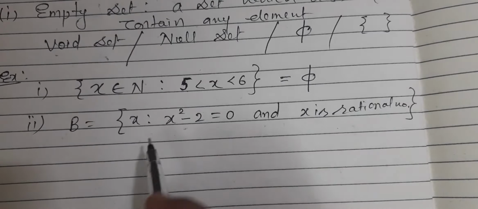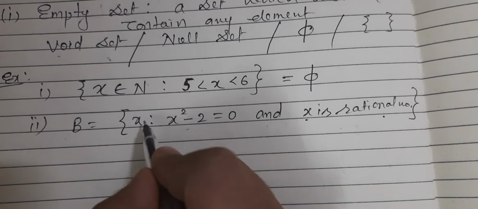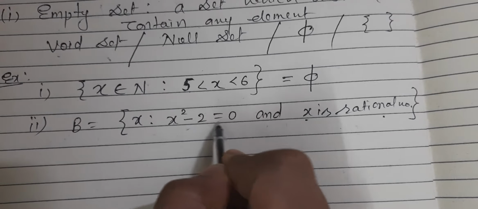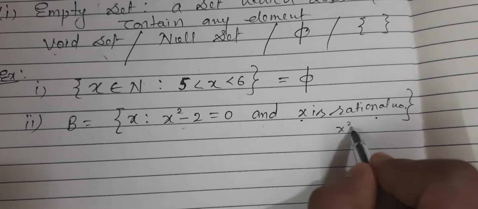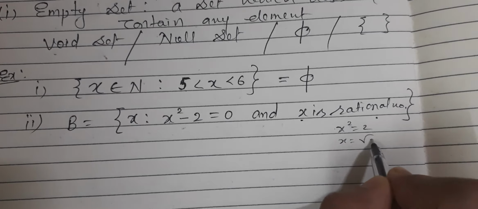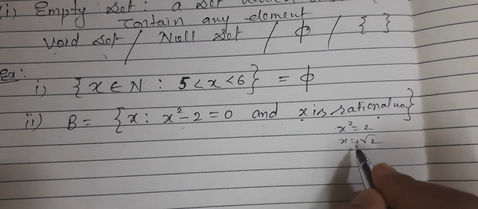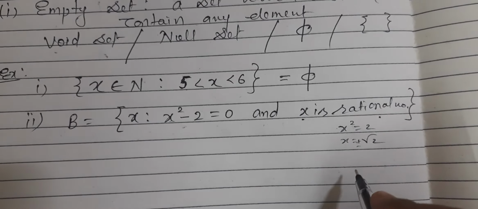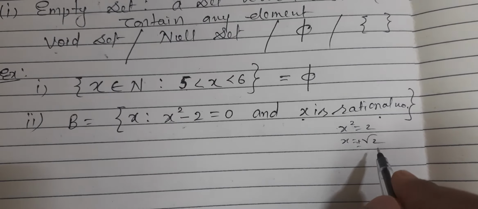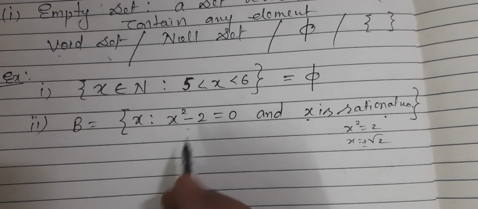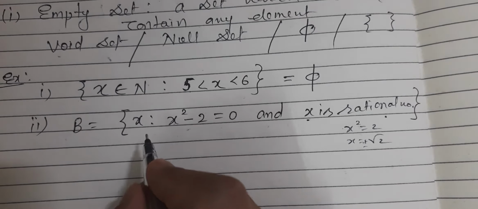Then here x is a rational number and x is such that x square minus 2 equals to 0. So when you simplify, you will find that x square equals to 2 and x is equals to root 2. So here the value of x is plus minus root 2. One is plus root 2, another one is minus root 2. Okay, and this root 2 is not a rational number, so there is no rational number here. So this set is also an empty set or null set.